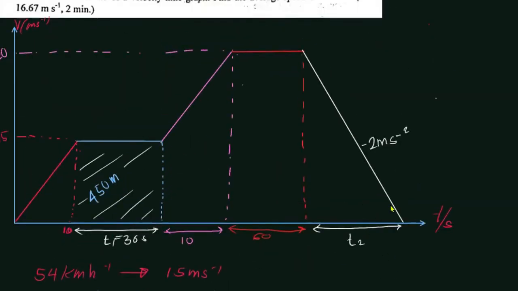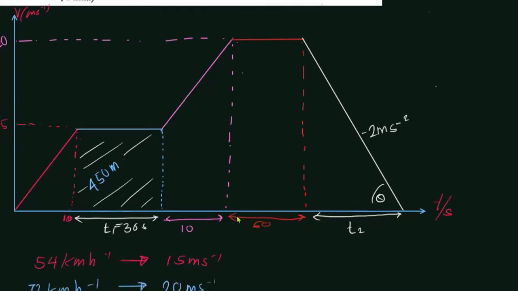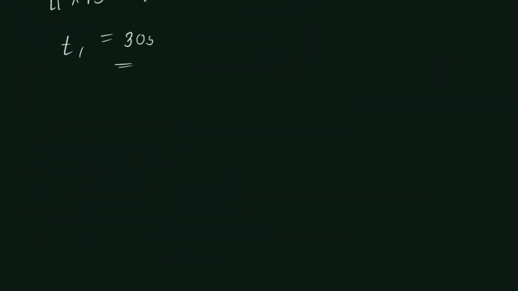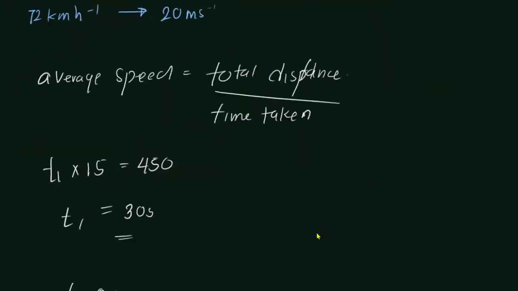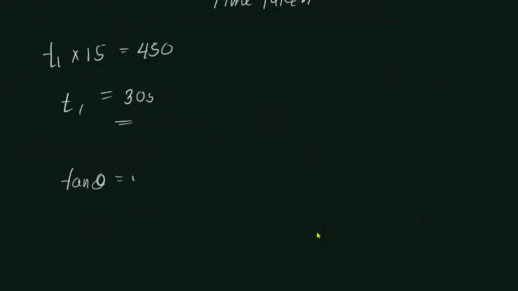If we take this as theta, the gradient, tan theta, is opposite over adjacent. Opposite is 20 minus 0.